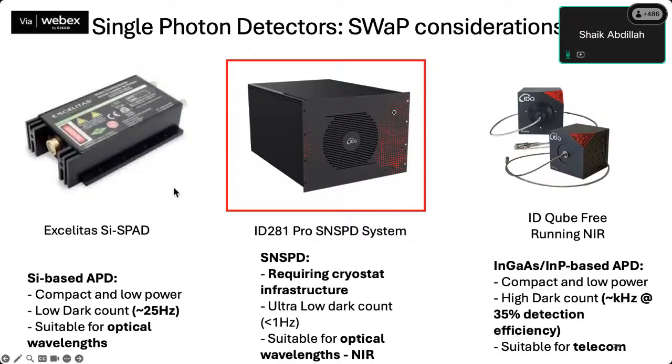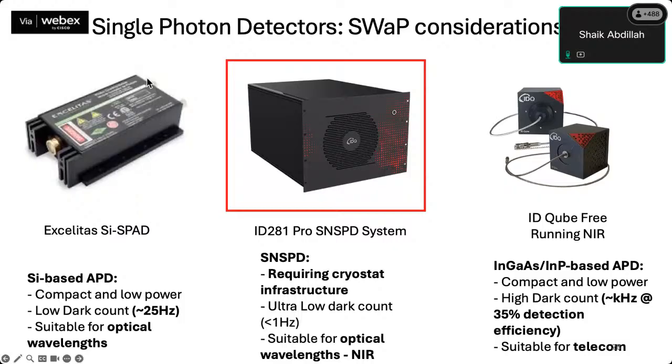So in principle, they can support experiments in the near-infrared region, like the telecom region, right? The only issue with SNSPD systems is that they require substantial infrastructure, like cryostats, because they need active cooling to ensure that the nanowires stay in their superconducting state, right?